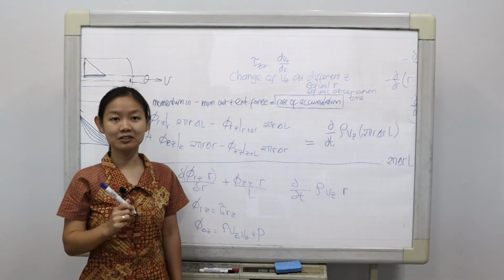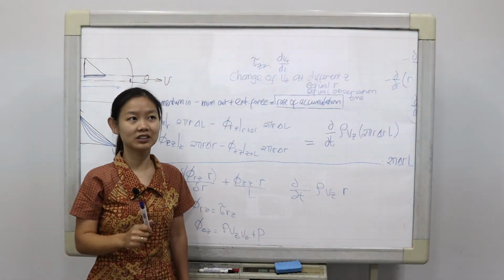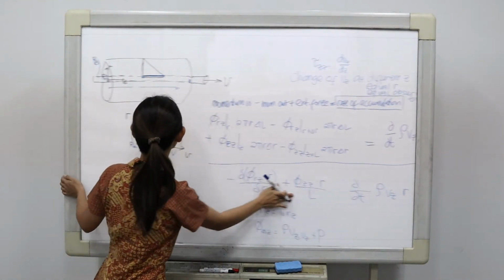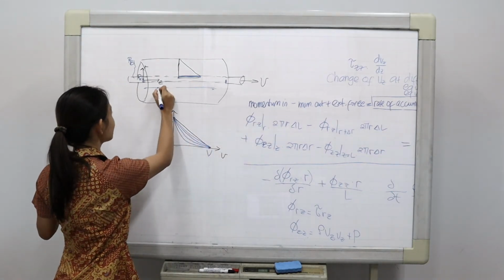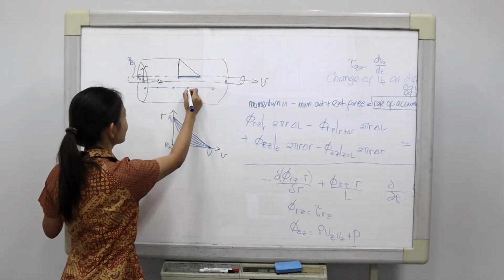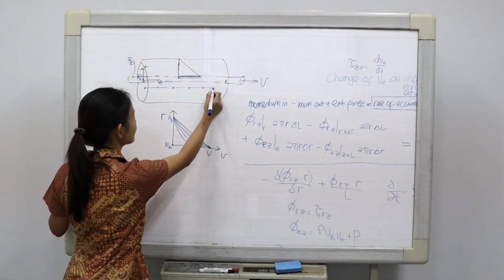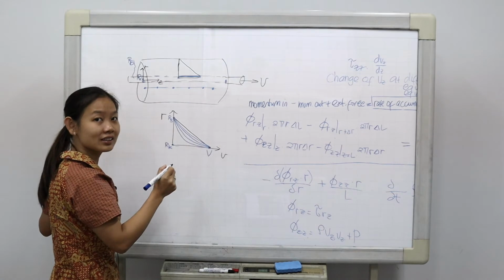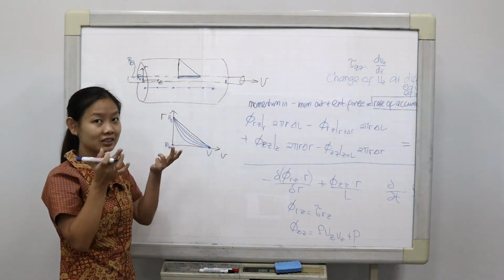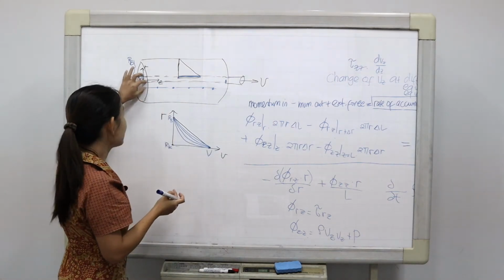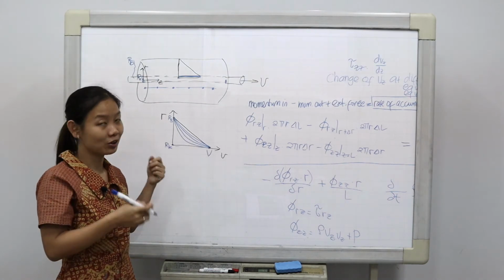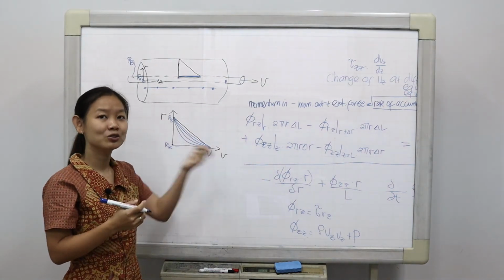Correct? Dvz over dz is the change of velocity in the z direction at different z. So at z over here, over here, over here, the velocity changes at different z, but the observation should be done at similar radius and also at similar time. So it's only change over z.